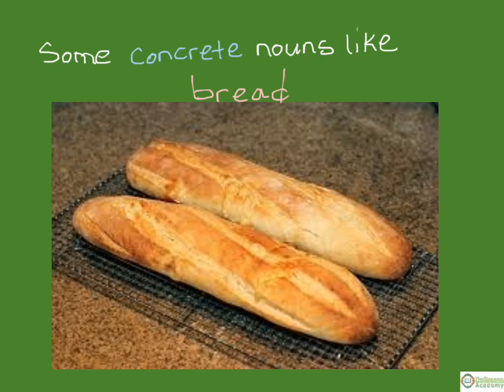If you can touch that chair and feel it, if it is hard or soft, know that is a concrete noun. And so here we have concrete nouns like bread. How many loaves can you see here? So do we say we can find 2 breads? Or what can we say? We're going to discover this in this lesson.